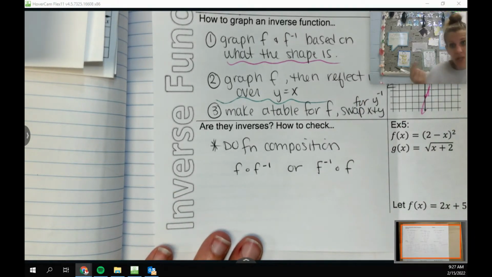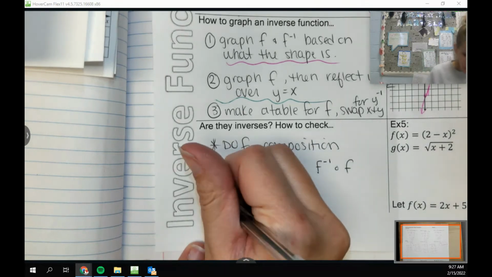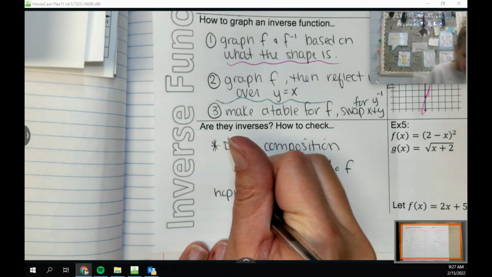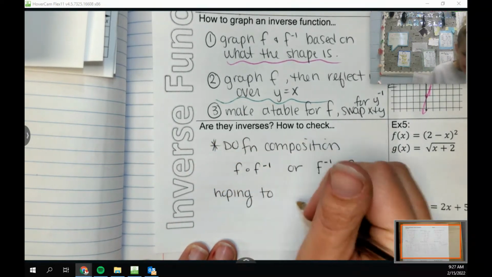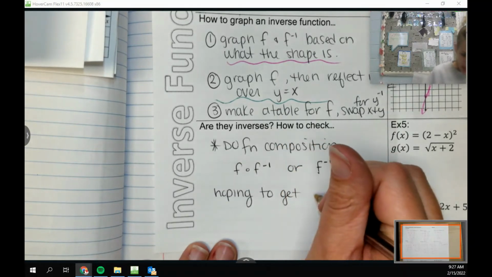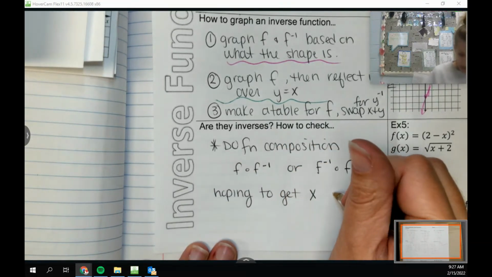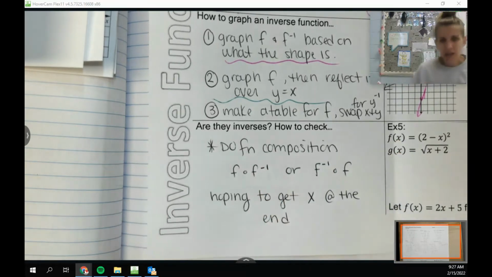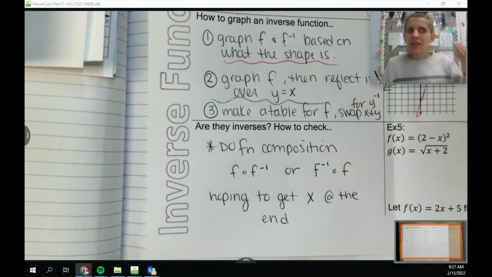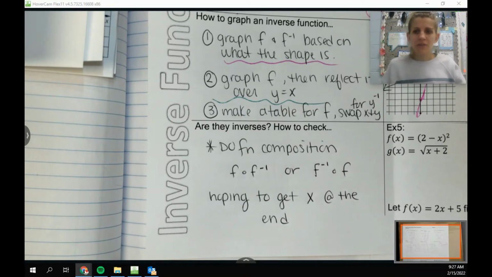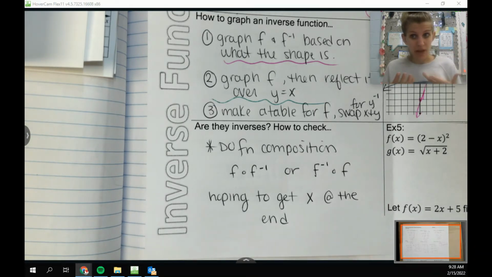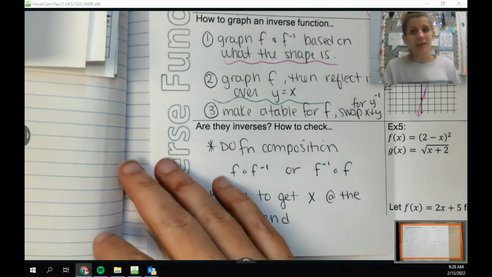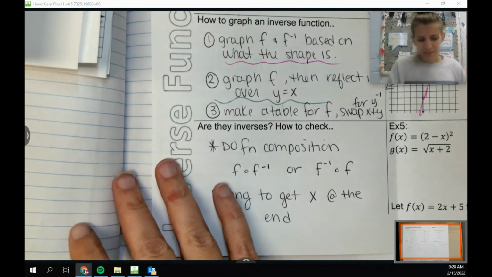So we're plugging one into the other, and what we're hoping for is to just get x at the end. If you think about that, whatever I do to the function, the inverse undoes. So if I do everything to it and then I undo all the things, the only thing I should be left with is what I started with, my input, which is x.